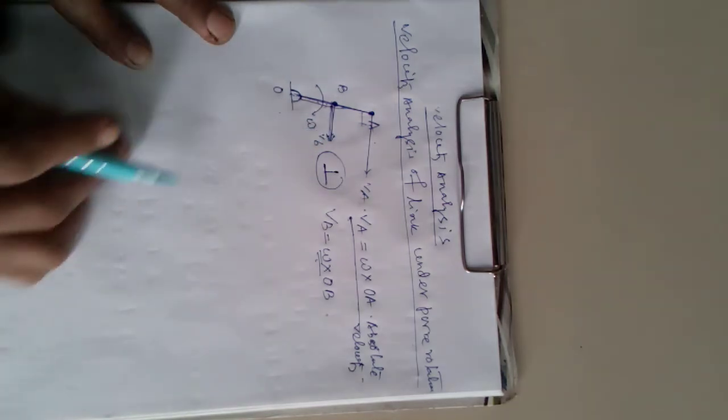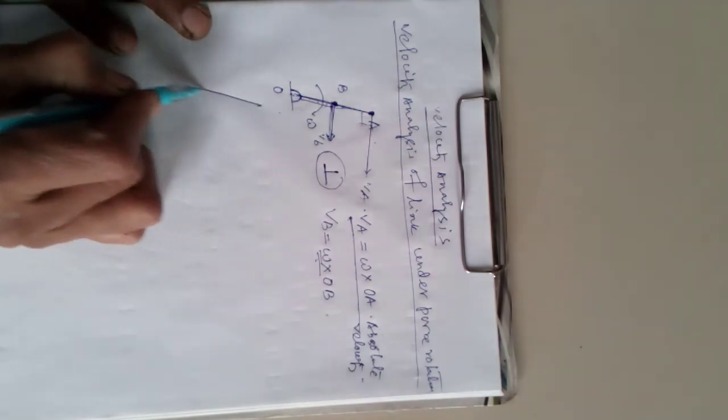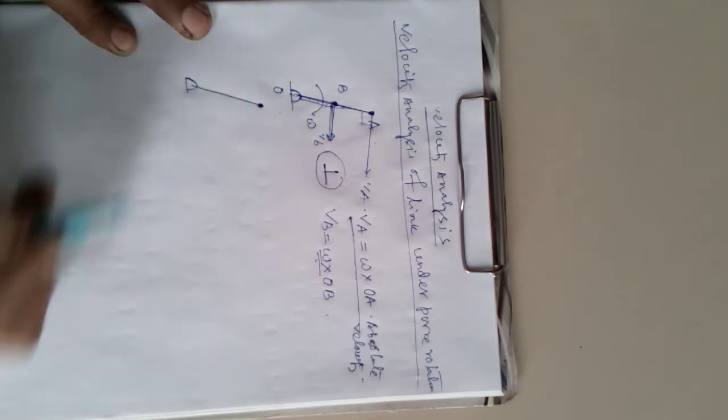Now we'll find out the velocity of different points of the link, that means relative velocity.